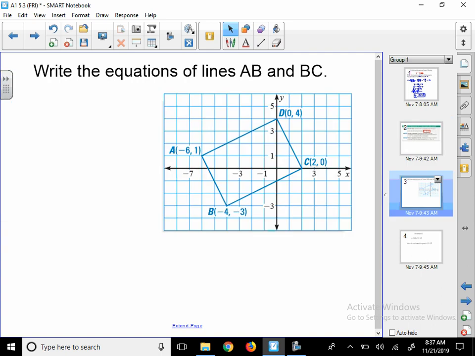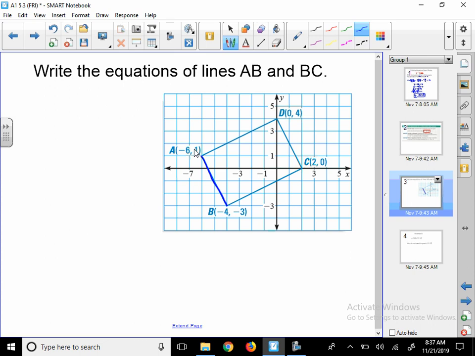Okay, the next thing we need to do is we need to write the equations of lines AB and BC. So I'm going to highlight these, kind of color code them a little bit so you guys know what's going with what. So AB is that line right there.